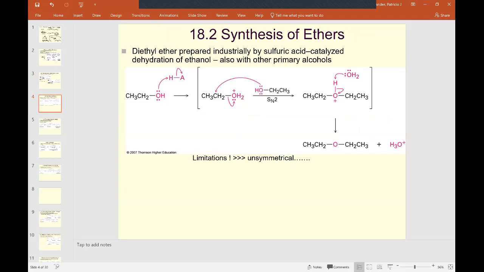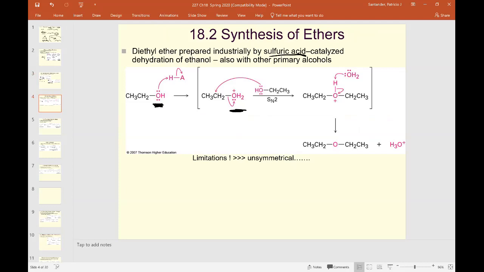How can we prepare ethers? Well, there is one very cheap method for preparing ethers, but the method is rather limited. This method implies protonation of the oxygen of the alcohol with a mineral acid, like sulfuric acid. And that will transform your OH into a good leaving group, OH2 plus. It's a water molecule, a good leaving group.